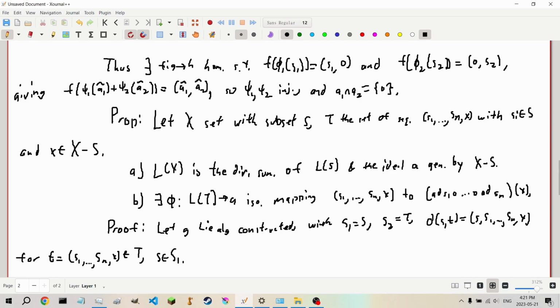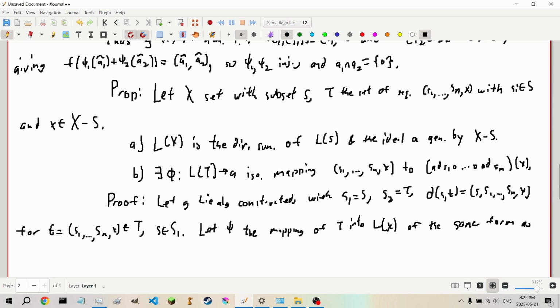Now, we're going to let C be the mapping of T into Lx of the same form as our phi from the proposition.